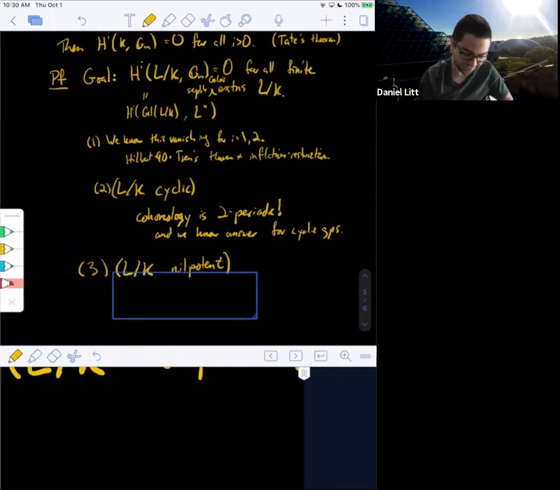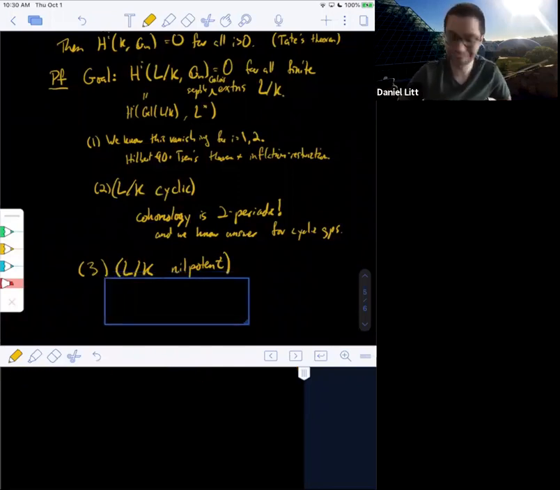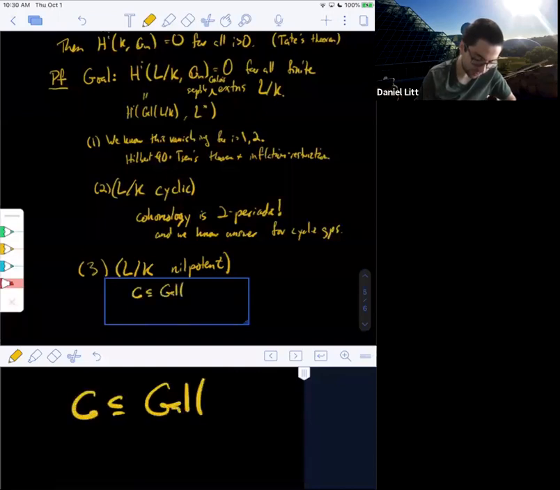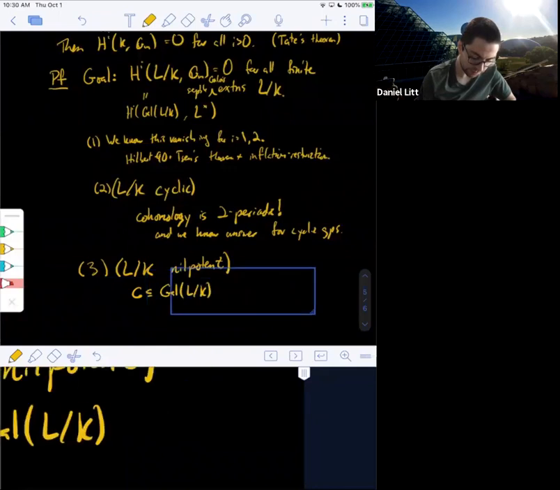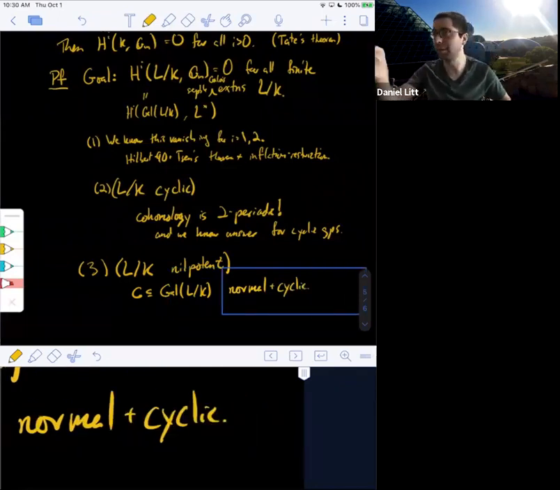All right, so let's do it. Does anyone have any ideas? Okay, so let C inside the Galois group of L over K be normal and cyclic. This exists by the first definition I gave, which was actually the definition of solvable.